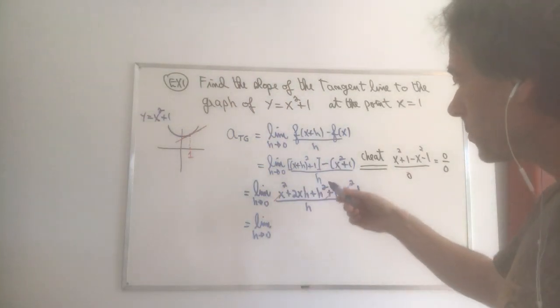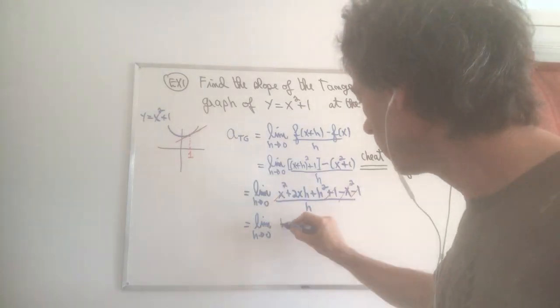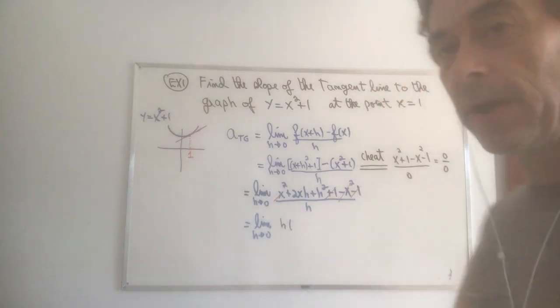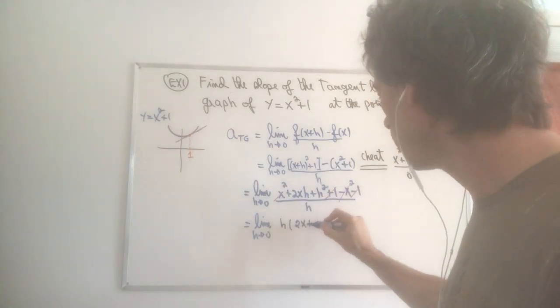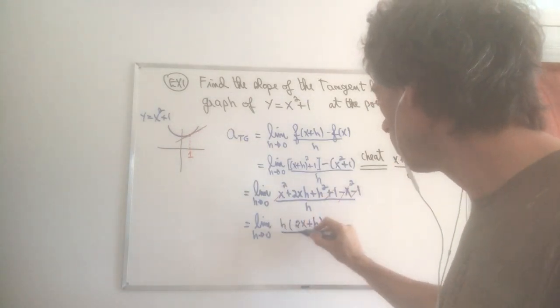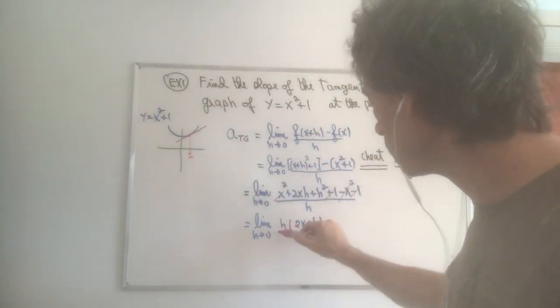What am I left with? 2xh plus h squared. All right, I could rewrite this, but I could actually save some time by rewriting it where an h is factored. That is 2x plus h over h. Here comes another simplification. Ciao, ciao, bambina. See you later.